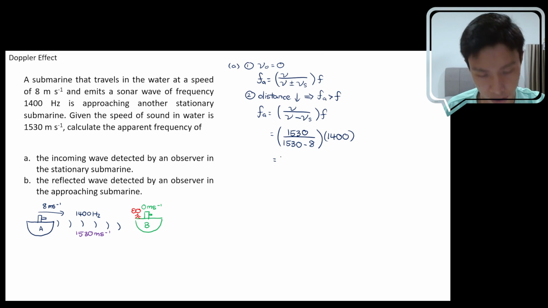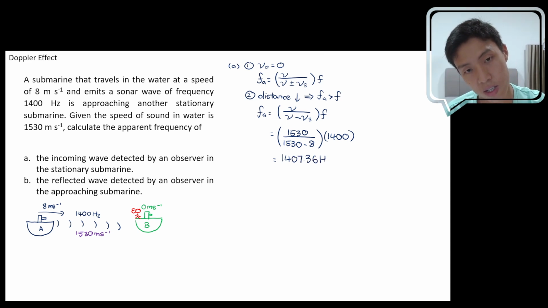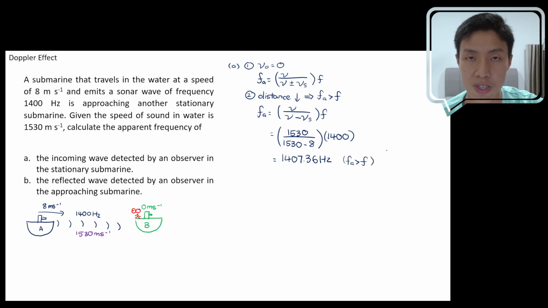If you do your calculation, you get the apparent frequency equal to 1407.36 Hz. So you can see that our FA here is definitely greater than the frequency produced by the sound source. Hope everything is clear here.